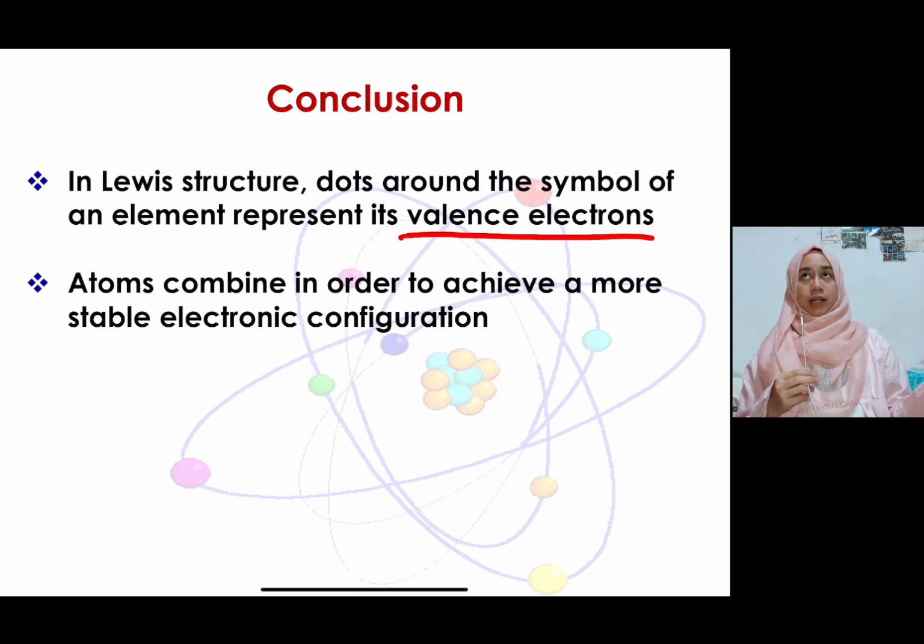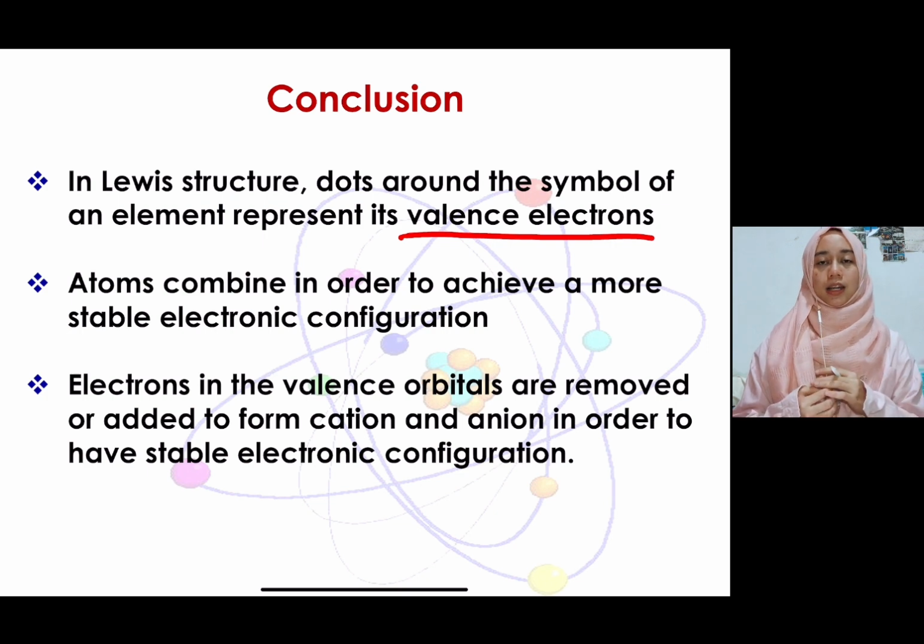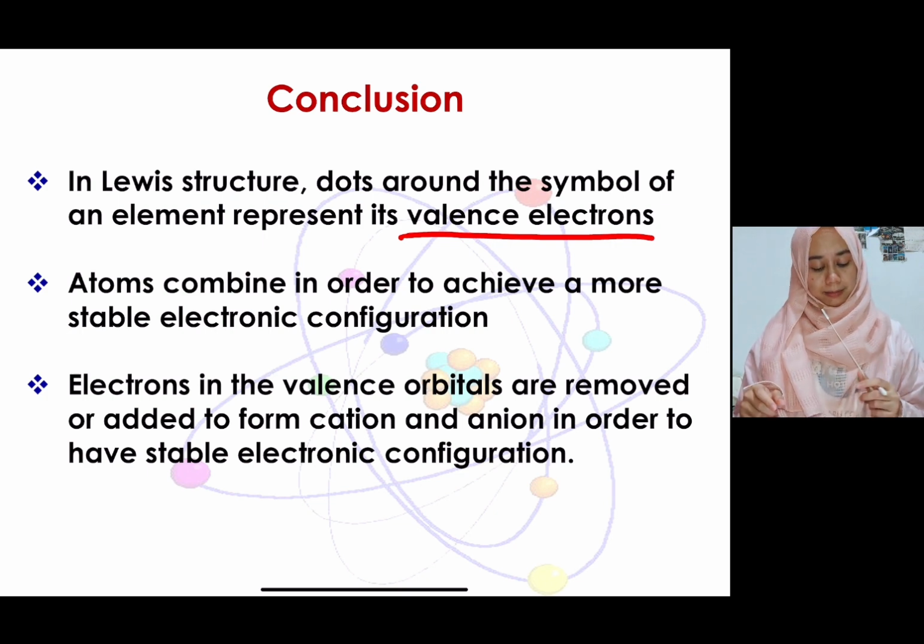Dia combine sama ada in terms of transfer electron ataupun share electron. Depends lah. So electrons in the valence orbital are removed or added to form cation and anion in order to have a stable electronic configuration. Okay, so kalau dia remove ataupun add, bermaksud dia sebenarnya dah mencapai stable octet.